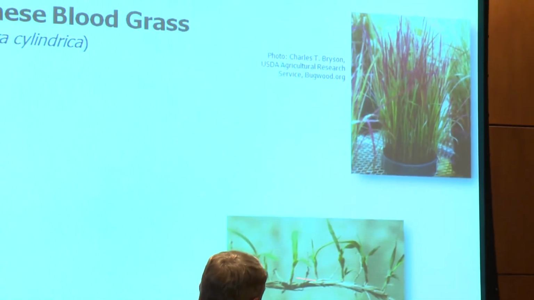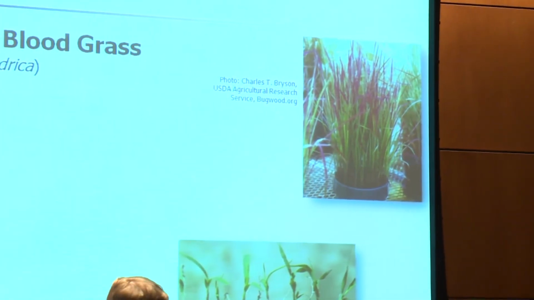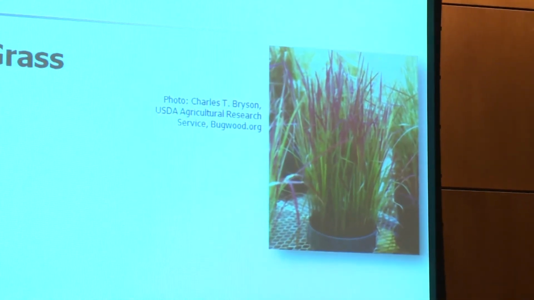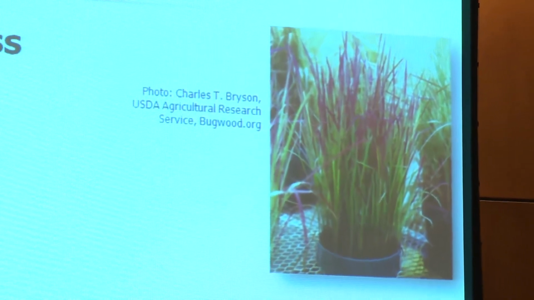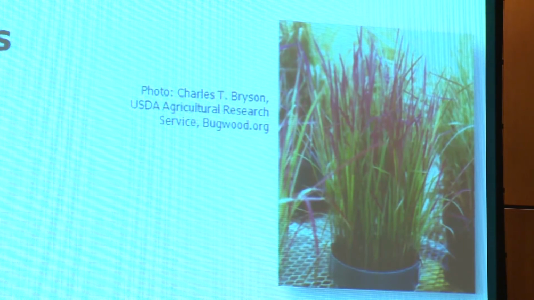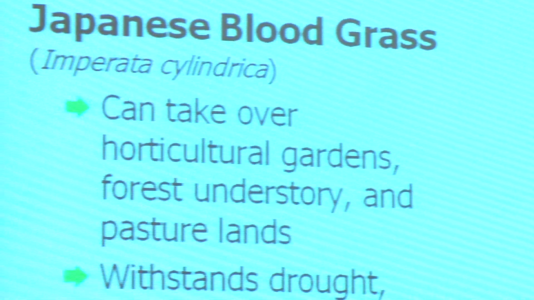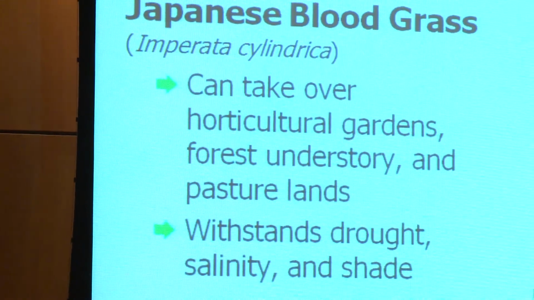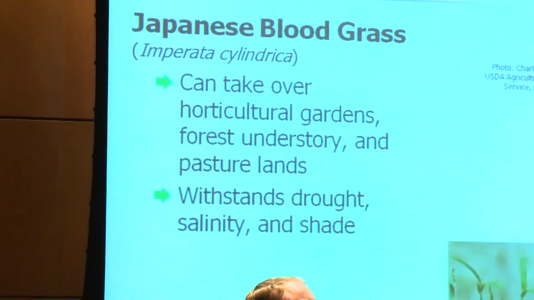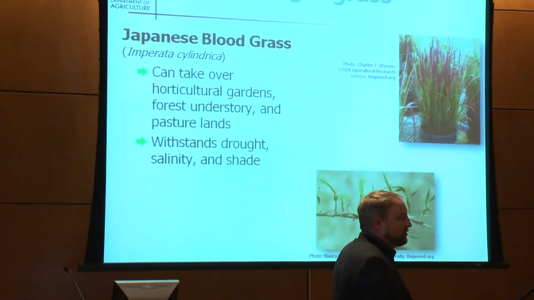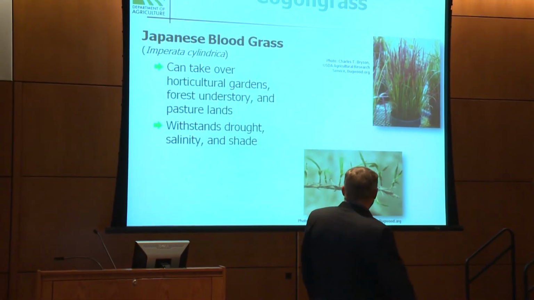It spreads through rhizomatous roots very effectively. Look how many new plants are growing off of that one short section of root. It can take over, spread rapidly, and it can withstand drought, so it doesn't need to stay in an irrigated lawn. It can get out from there into fields and pastures.